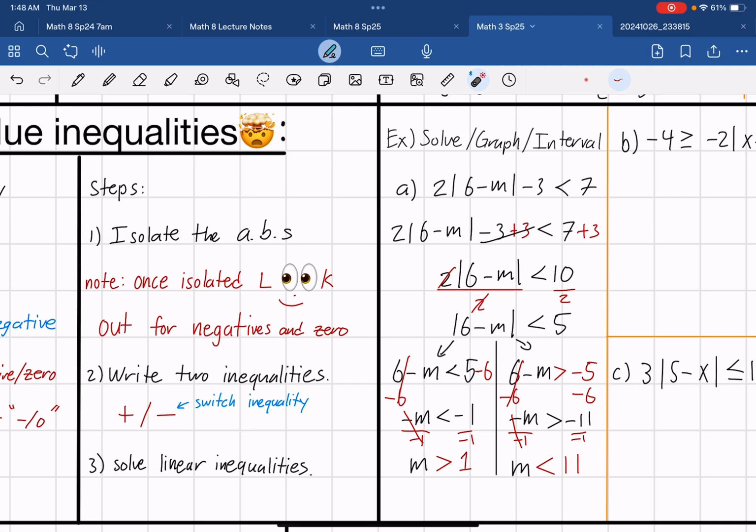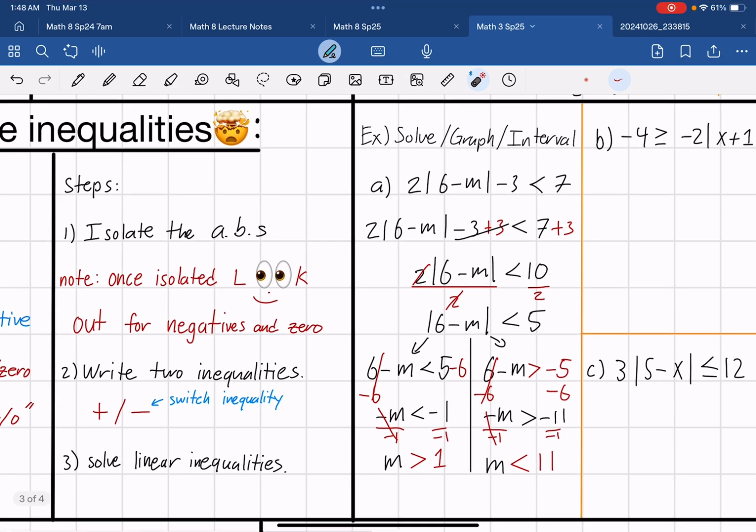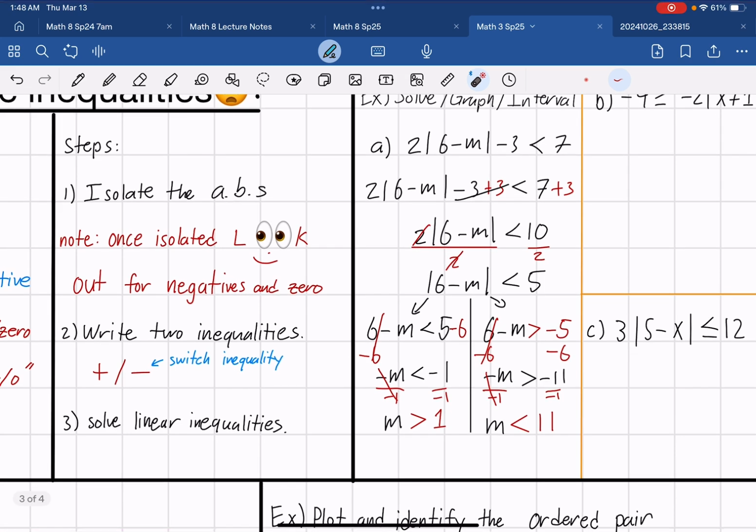So I try to follow the same procedure for all problems. The only thing is my final answer, if it's a compound inequality, I rewrite these two separate inequalities into one. And I'll show you what that looks like in a second.